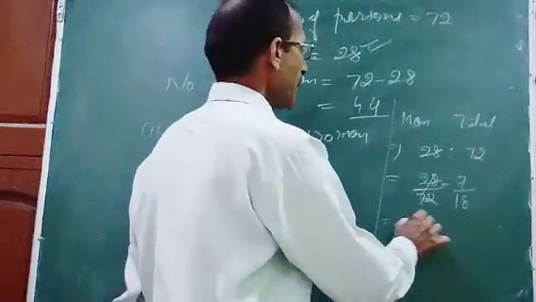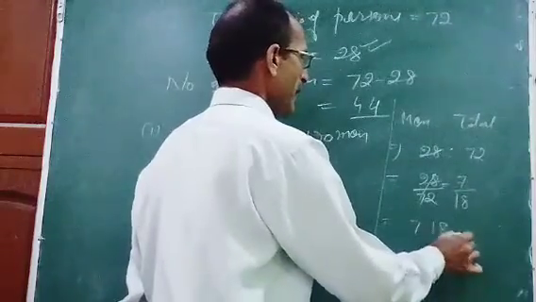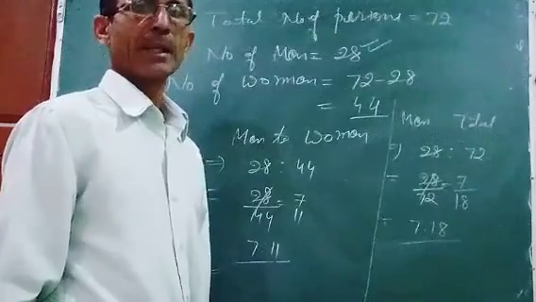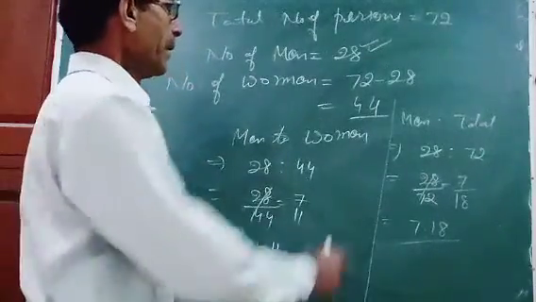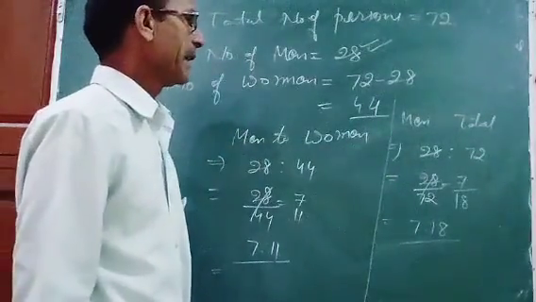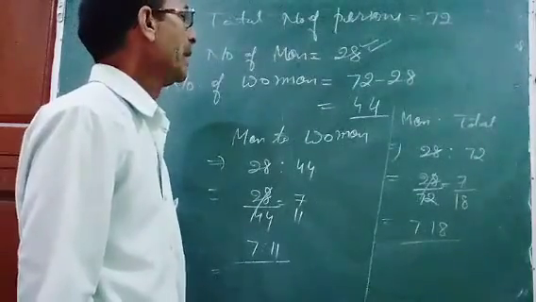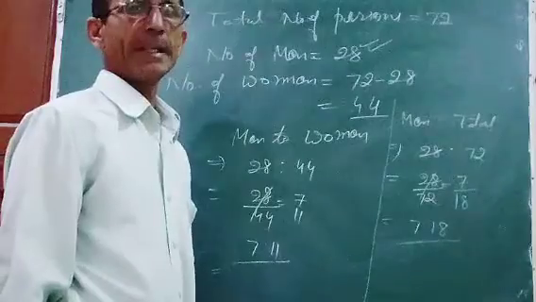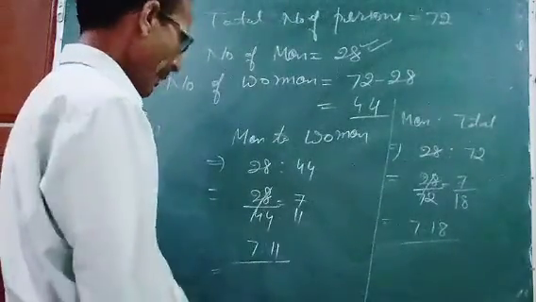So this will be 7 is to 18. Any doubt, any confusion? Men to total, men are 28 and total 72. 28 by 72, 7 is to 18.